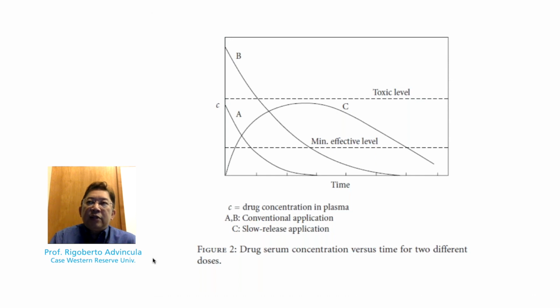In fact, the reason why you have to take a drug every 4 or 5 hours is because the drug, as the efficacy or amount goes down, it has to be maintained at a specific level. So therefore, every 4 or 6 hours, you need to take the drug. Therefore, anything that allows you to have a controlled release or even a slow release application is always effective in any drug pharmacokinetics.